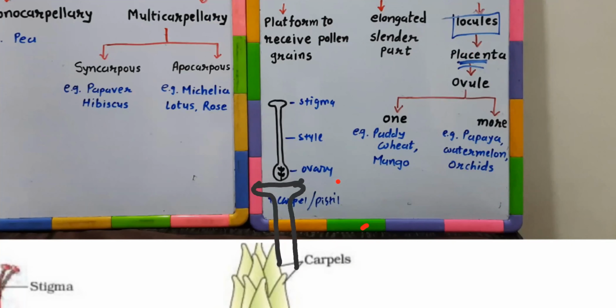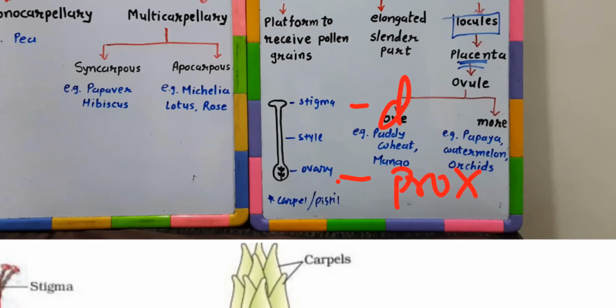And then you have other whorls over there. So this is the thalamus on which the ovary is rested. So this is at its proximal end and stigma is at its distal end.